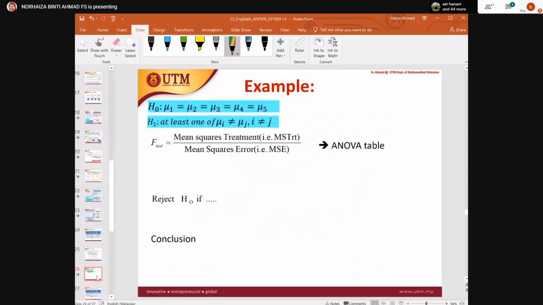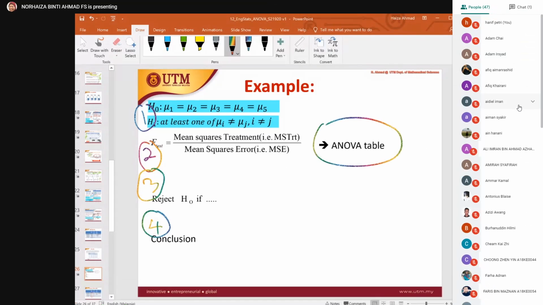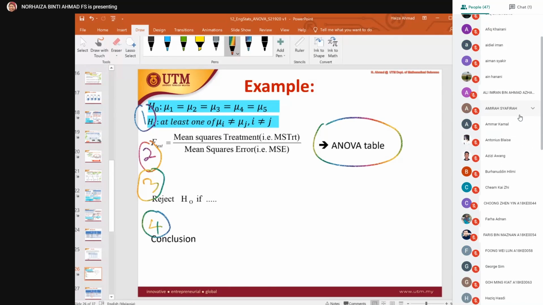So here you're going to write your hypothesis test: the definition, the test statistic, the decision rule and the conclusion. The only part that needs more analysis is the ANOVA table, so that it's easier to calculate your F test.